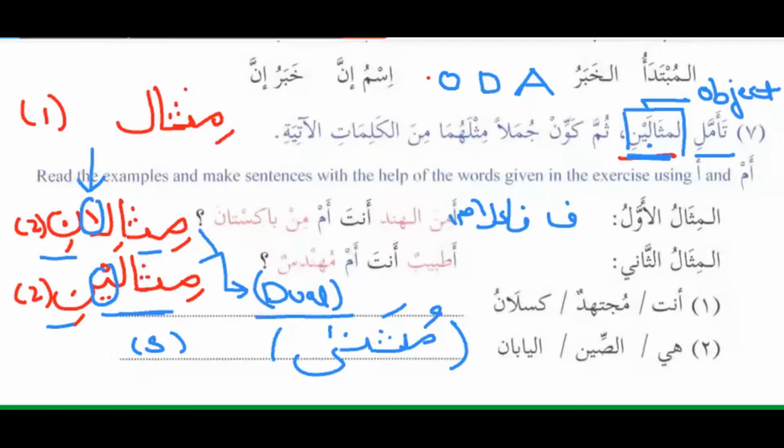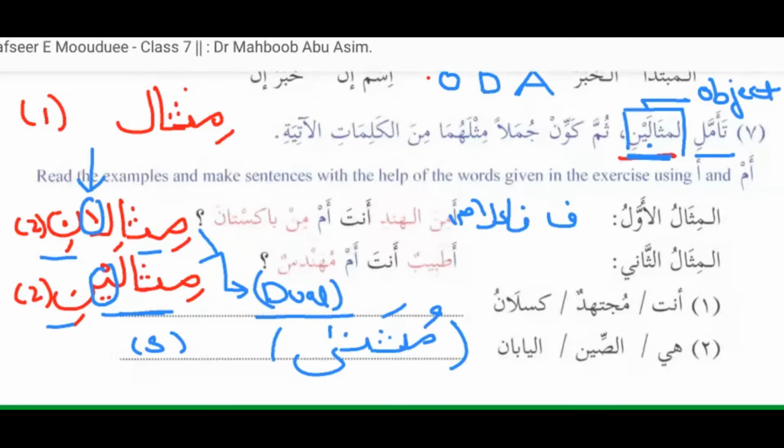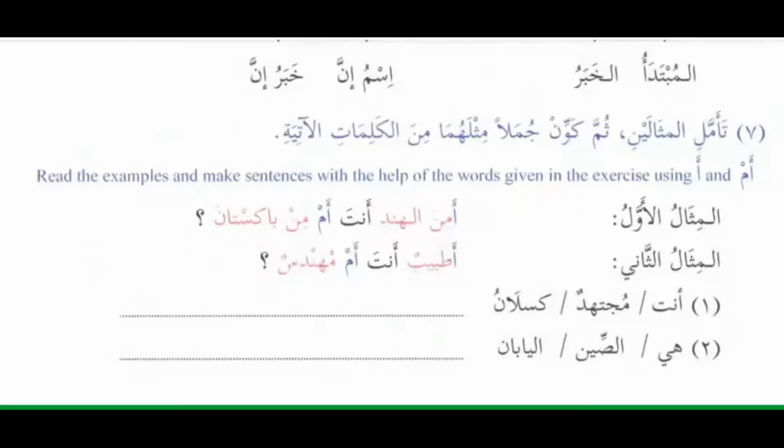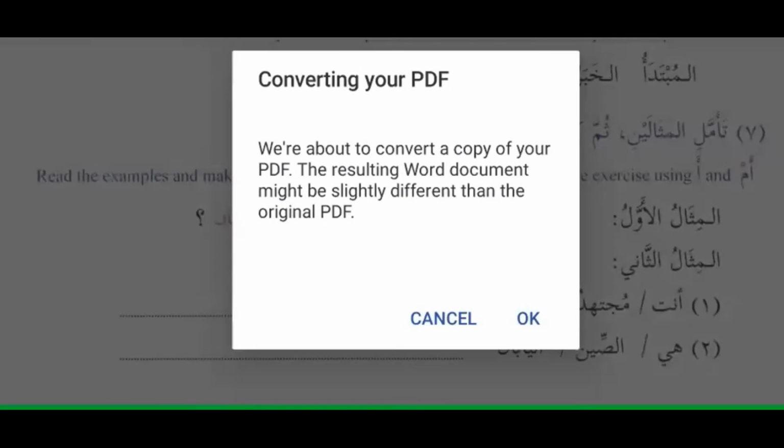Like, if I say these two examples, how will I say these two examples?